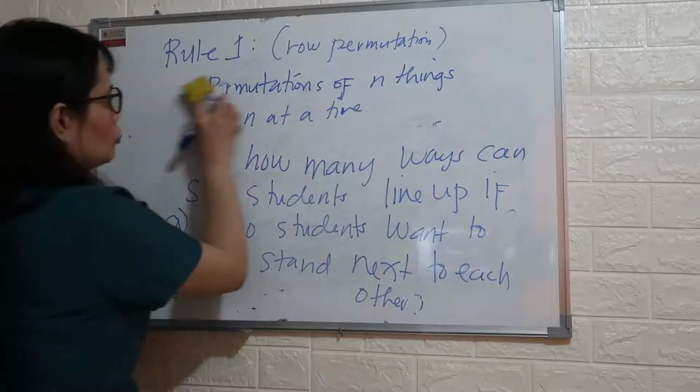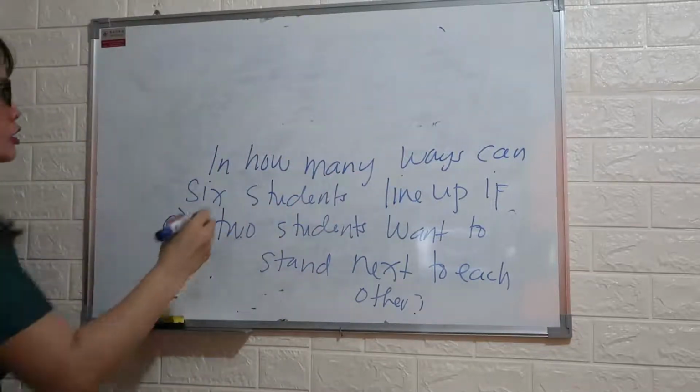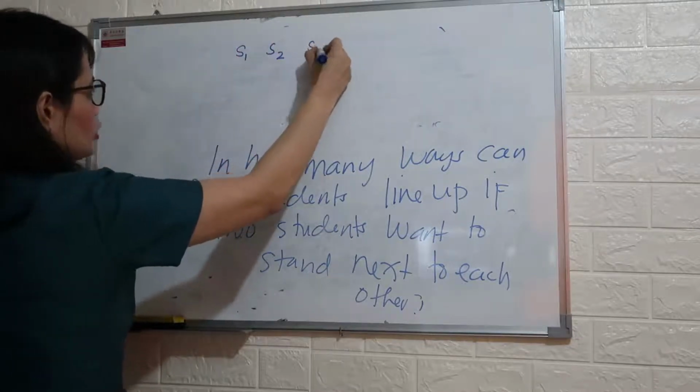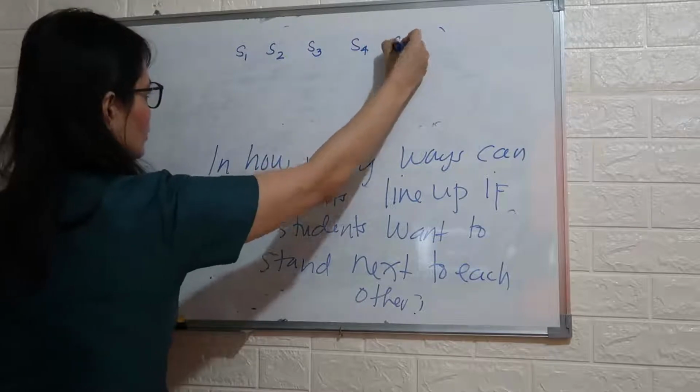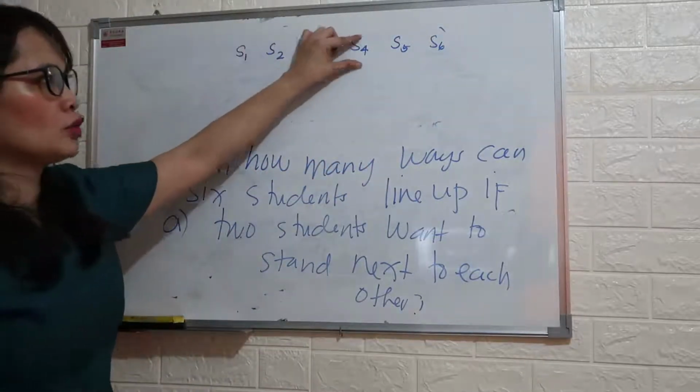How do we answer that one? Using the row permutation. There are 6 students: student 1, student 2, the 3rd student, 4th, 5th, and then 6th student.